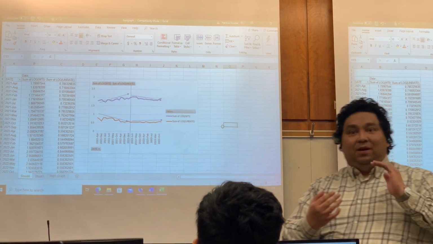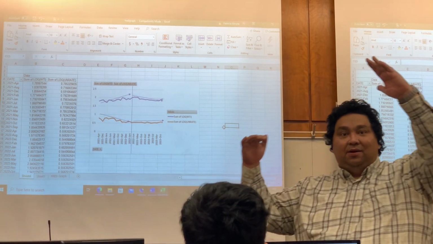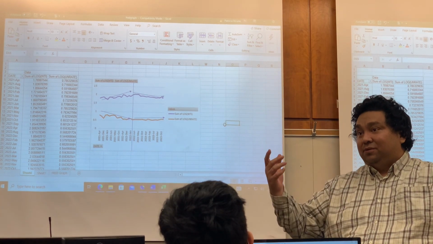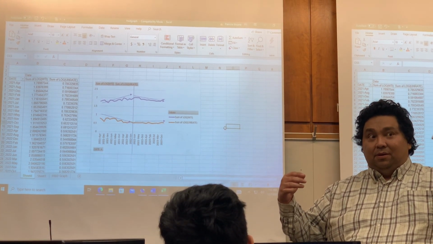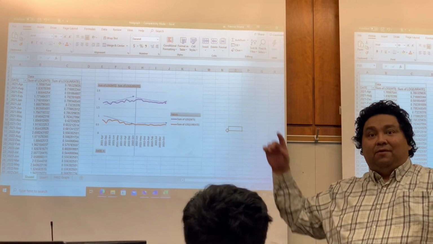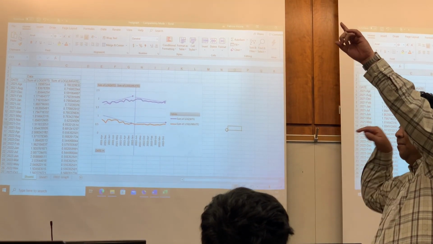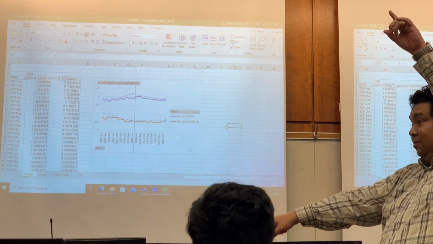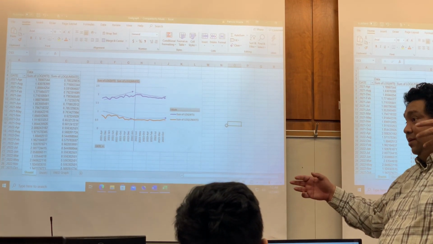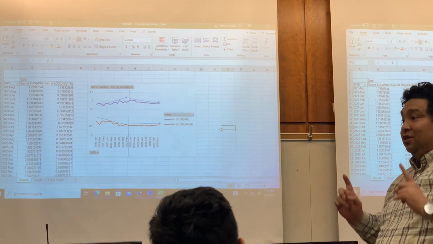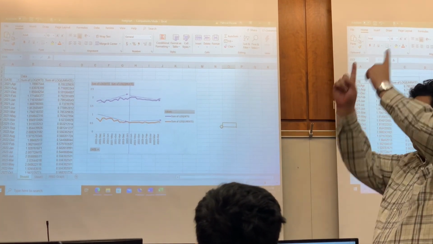Why is negative? Because one is increasing and the other one is decreasing. Does it make sense? When I say the correlation, so basically you can say the correlation is negative because one variable goes up and the other one goes down. Negative correlation means that one goes up and the other one goes down. Positive correlation means both goes up.